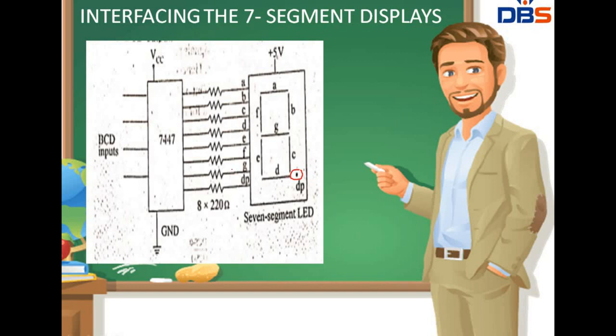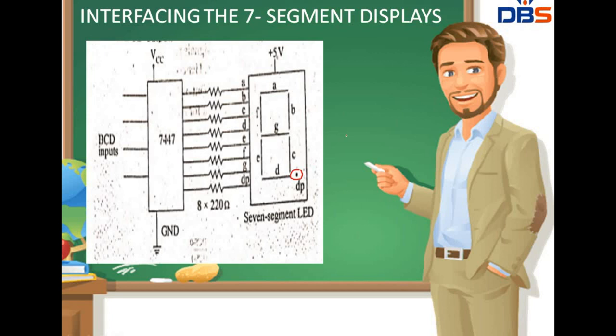A 7-segment display contains 7 LEDs to display the decimal numbers, that means either 1, 2, 3 or 4, whatever it may be. The alignment of the LEDs to form a 7-segment display and the appearance of various decimal numbers will appear in this session.